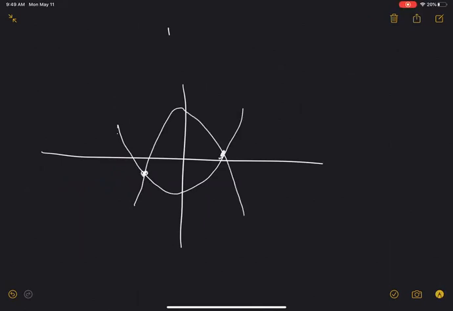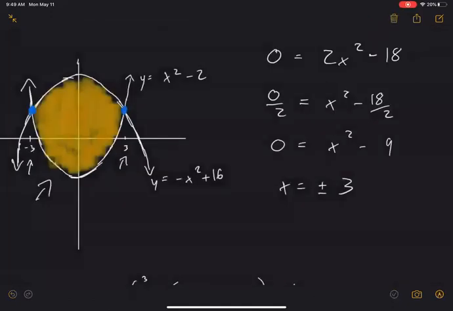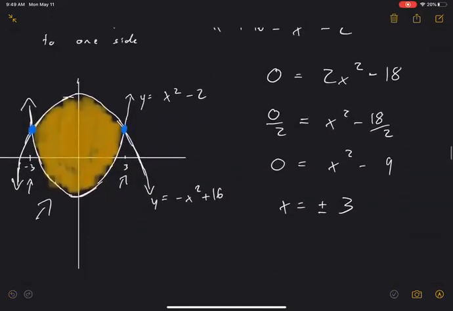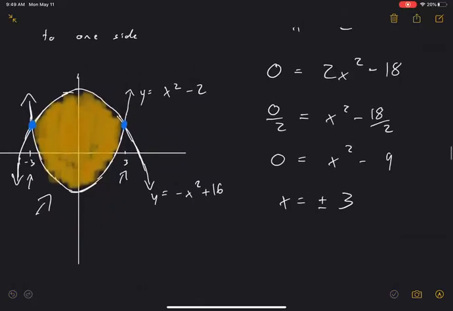So remember, when you're drawing these curves, it depends on how much work you put in. If you put a lot of painstaking work into the graphing step, then maybe your intersection points are accurate. But if you just do a quick sketch to get an idea of what's going on, keep in mind that what you've drawn might not be 100% accurate. But then when we get to this step of solving for our intersection points, that should give us a clearer idea of what's going on, okay?